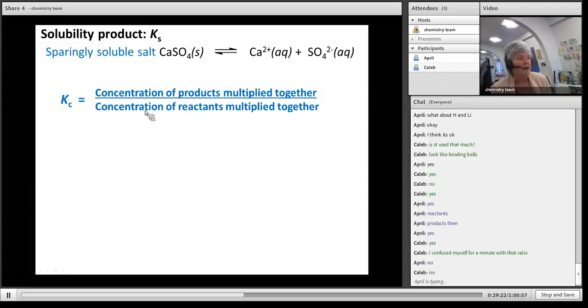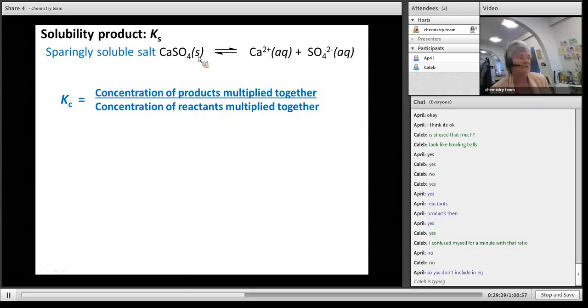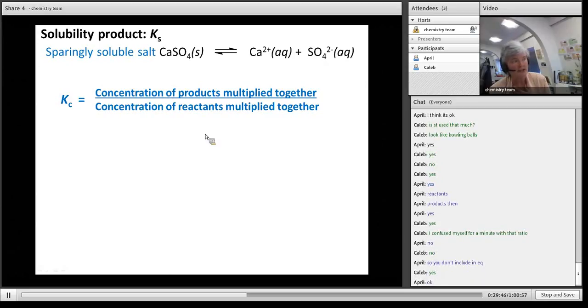So we don't write in anything that has a solid in it, because that constant simply gets absorbed in, because it doesn't change, it just simply gets absorbed with this other constant. You write it in the equilibrium equation, April, but you don't write it in your equilibrium expression. So that's the equation, this is the expression. So if they ask you for an expression, they want something like this. If they ask you for an equation, you look at that.